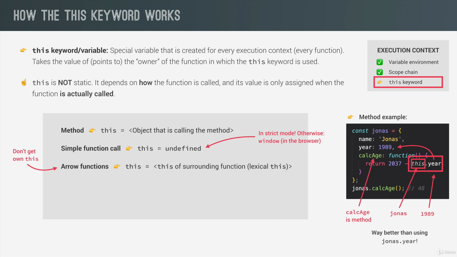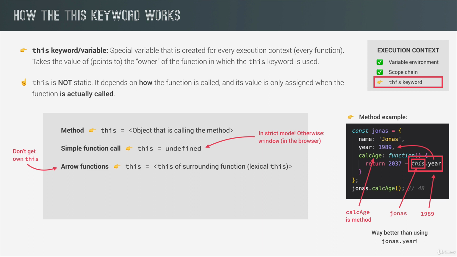And in technical terms, this is called the lexical this keyword, because it simply gets picked up from the outer lexical scope of the arrow function. So never ever forget this very important property of arrow functions. Believe me, I actually run into 1 or 2 bugs because of this behavior. Okay, so it's really important not to forget that arrow functions do not get their own this keyword.